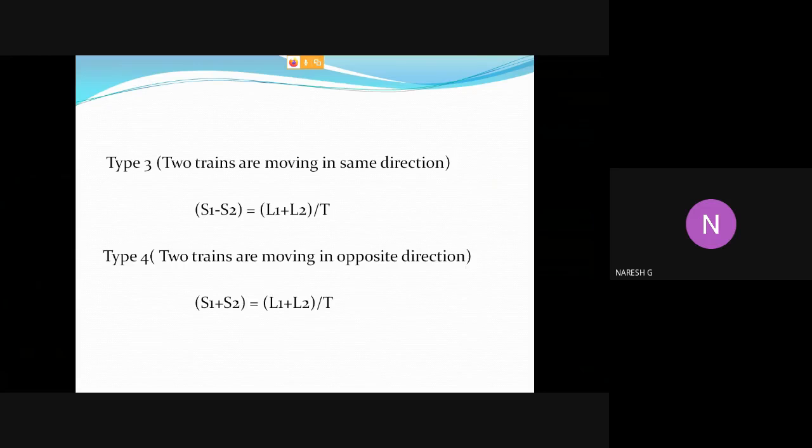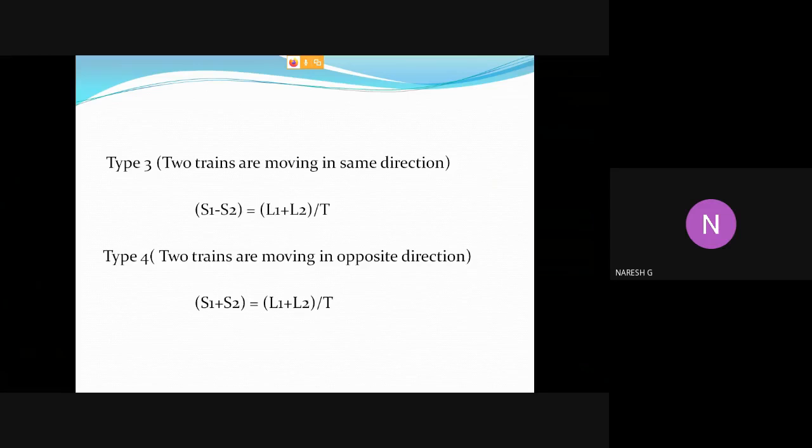In place of speed, relative speed is S1 minus S2 equal to, in place of distance, add the two trains' lengths, L1 plus L2 divided by T. If two trains are moving in opposite directions, relative speed is S1 plus S2 equal to, in place of distance, add the two trains' lengths, L1 plus L2 divided by time.